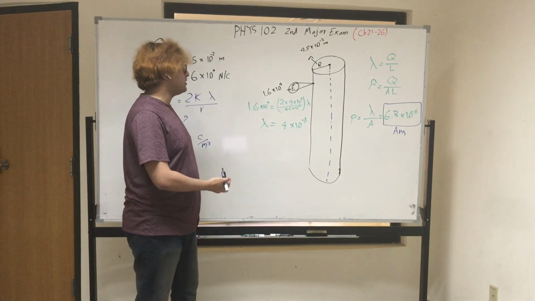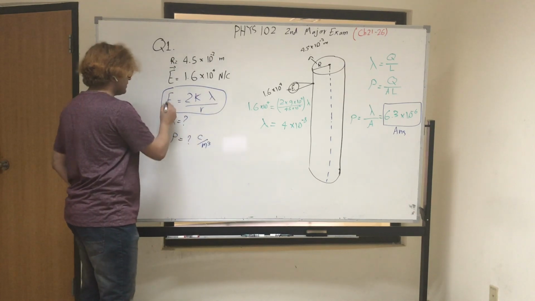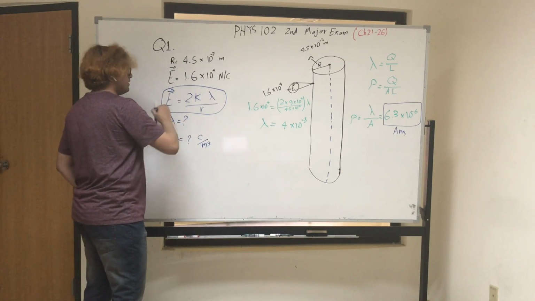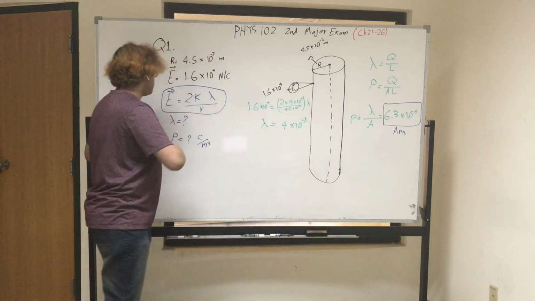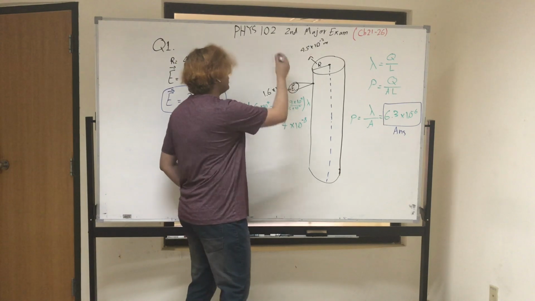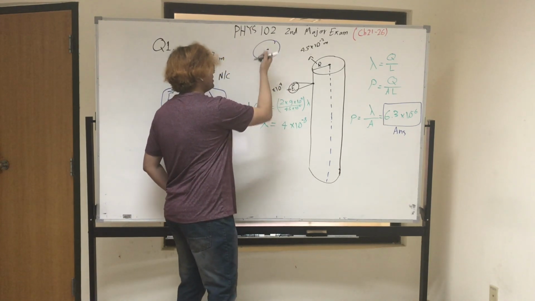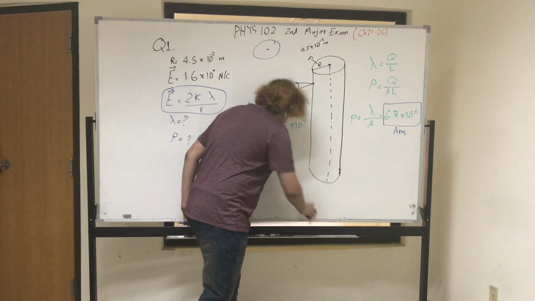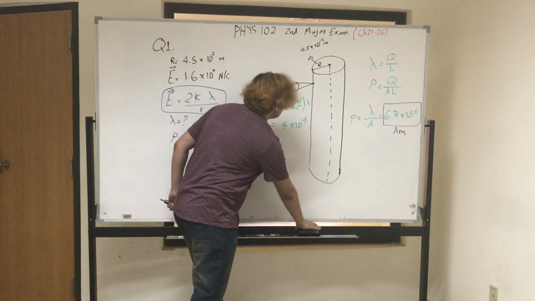We have derived the formula that gives you the electric field away from a line of charge. This formula was derived from Gauss's law. This also holds true if you have a sphere: you can assume as though it's a point charge. But in our problem, we have a cylinder.